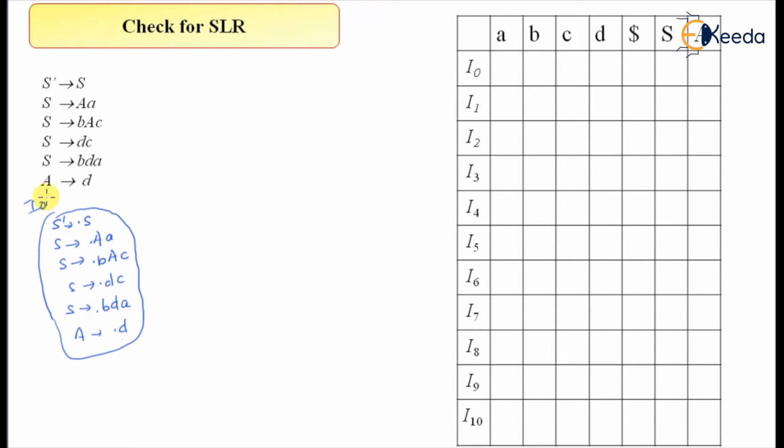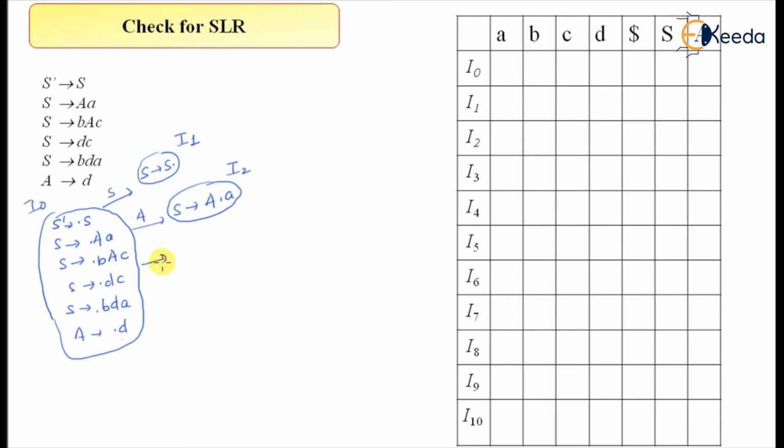We'll start building the collection. On input S, this goes to S' derives S dot, a single state, I1. On input capital A, this will be S derives A dot A, and that is I2.